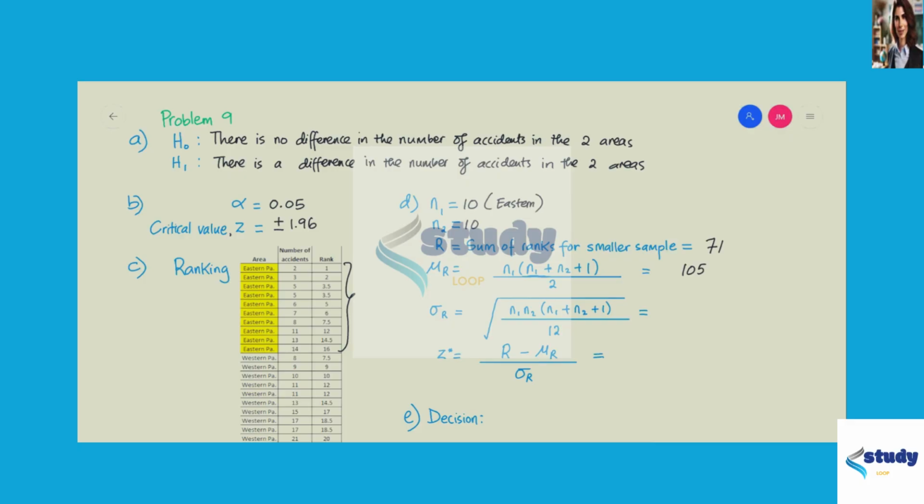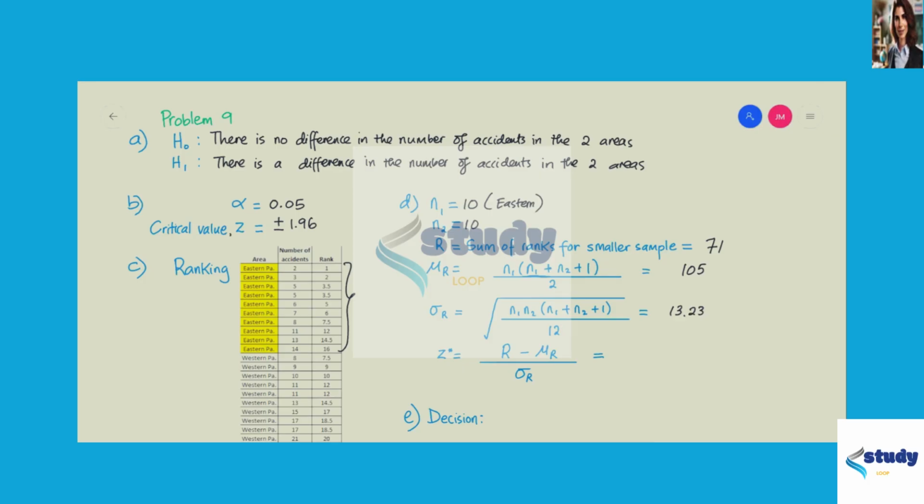After that, we work out the value of sigma R by substituting the values of N1 and N2 into the formula, and then solving. So this will give us 13.23.